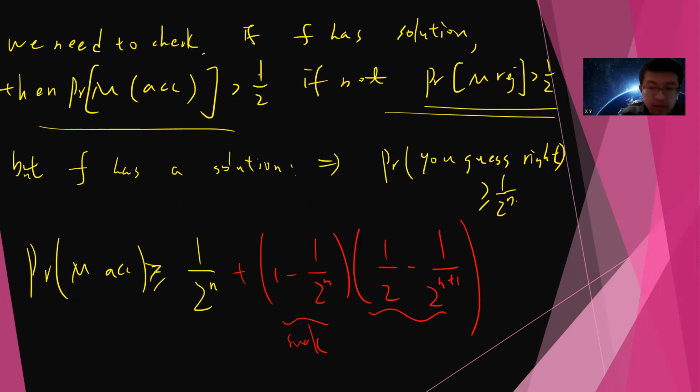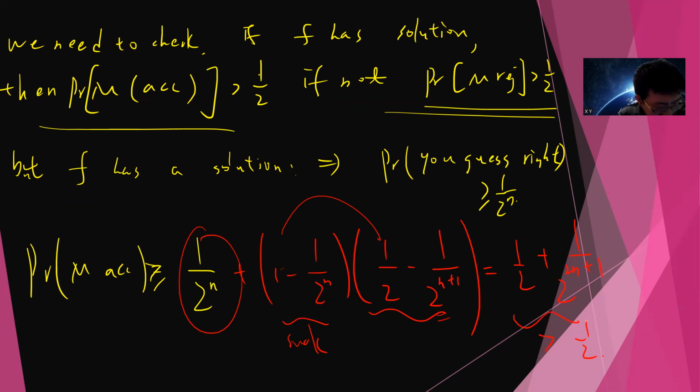Okay, and you can check this. So it's half plus 1 divided by 2 to the n plus 1. The amazing thing is that if you expand it, you get this part, and this part will cancel with this part, and you get something like this. So this is exactly greater than half.